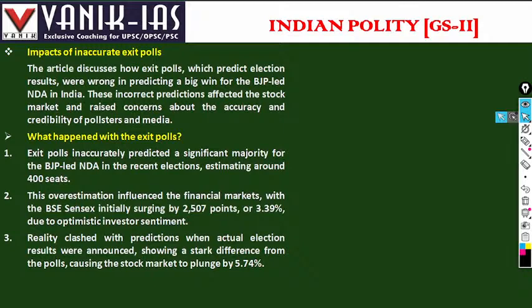That means it can only be published after the entire election is over. But in this year's election, the projection in the exit poll and the reality is something different. That is why doubt has emerged on the credibility of the exit poll.